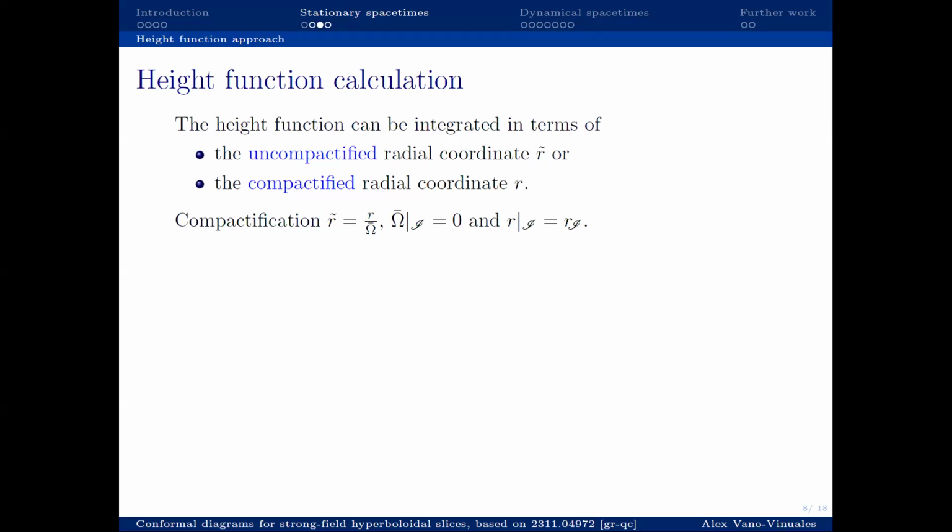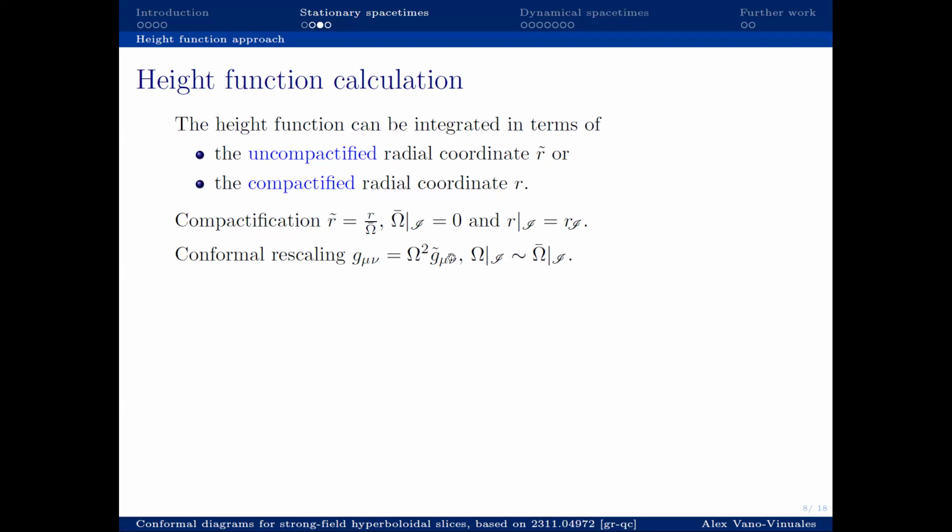And not only that, but the metric components are going to diverge after this compactification of the radial coordinate. So for that, we're going to work with this conformally rescaled metric g, which is finite everywhere, including future null infinity, because it is the product of multiplying the omega squared factor, where omega is the conformal factor that goes to 0 at the appropriate rate, times the actual physical metric that diverges.